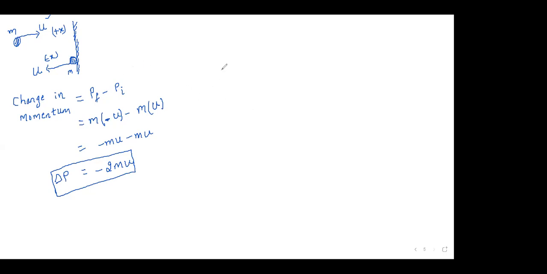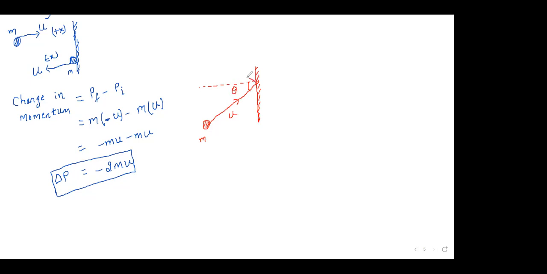Let me take one more simple example. This is the wall, students. Now this is the ball which is thrown like this. Mass is m with velocity u. This ball is thrown at an angle theta.